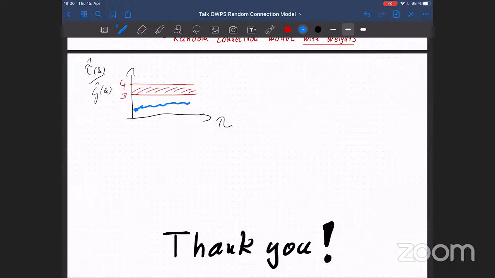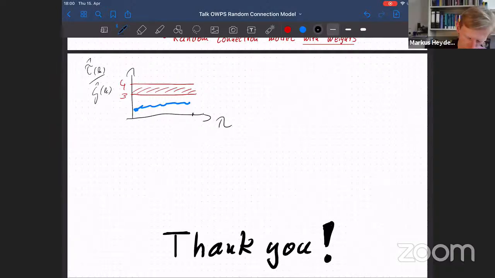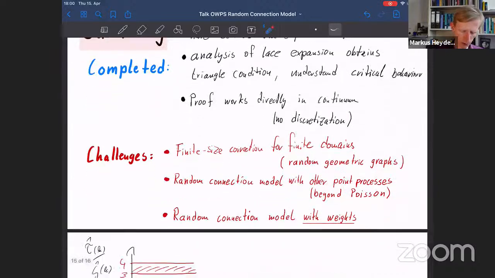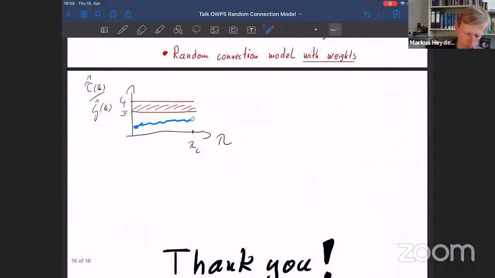How to use this fact? At some point, yes, lambda c. So everything is until here. For all the lambdas, this ratio is smaller than 3, and you know this one very well.